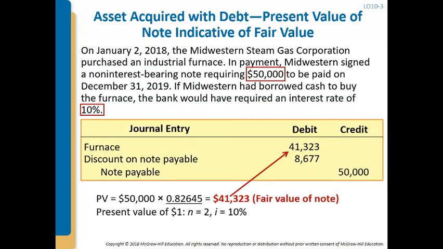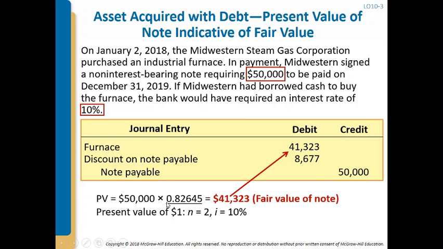So what you have to do is figure the present value of the note by taking the $50,000 face value of the note and multiplying it by the discount rate.